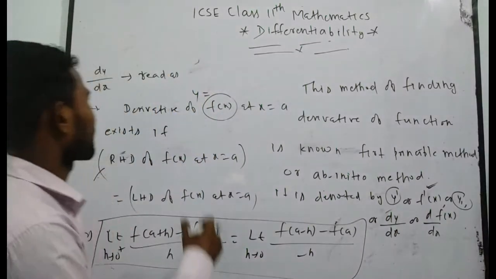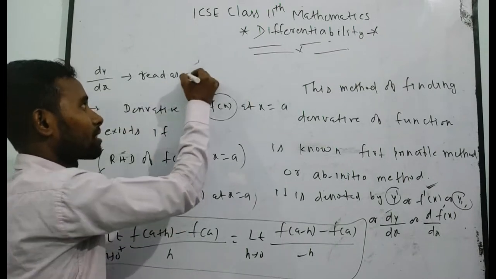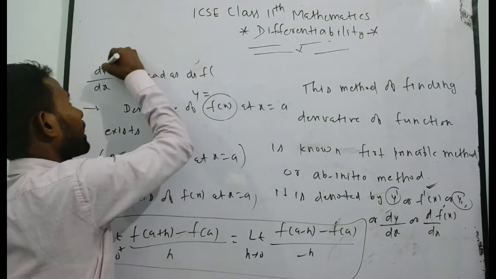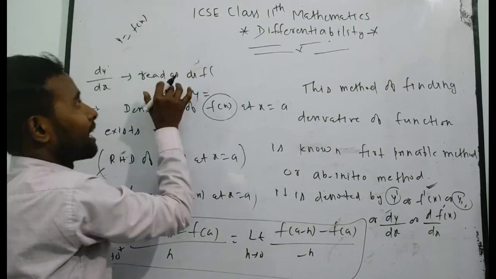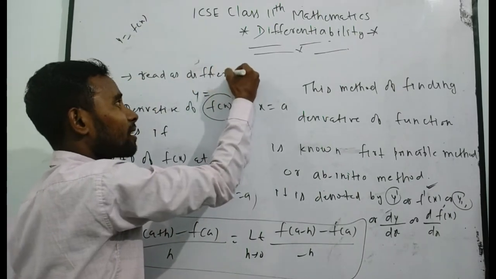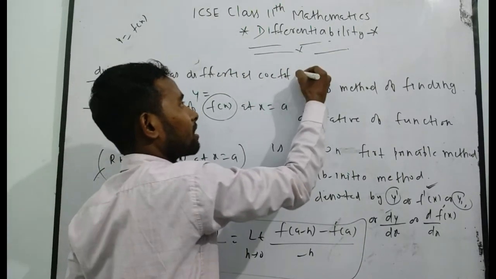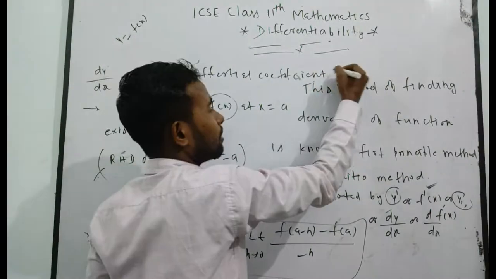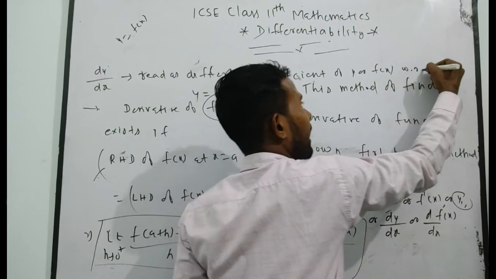There is also a formal way to read it. As you know, y is equal to fx. It is read as the differential coefficient of y or fx with respect to x.